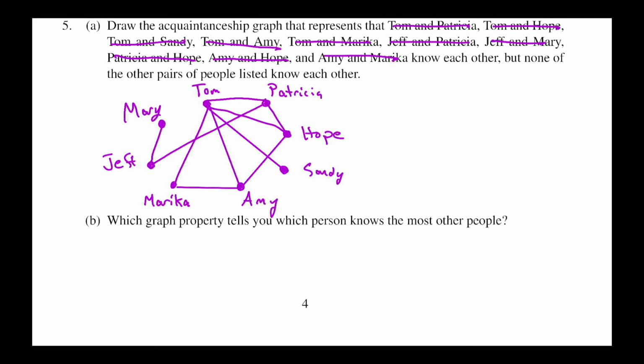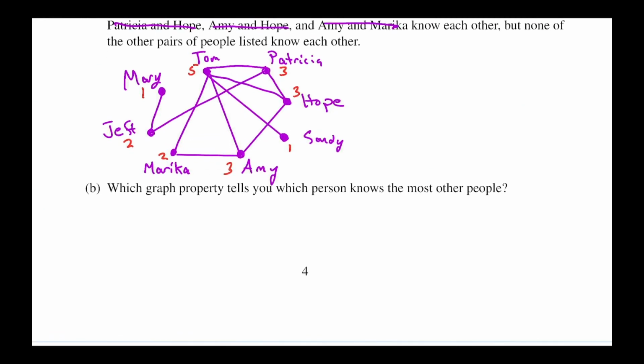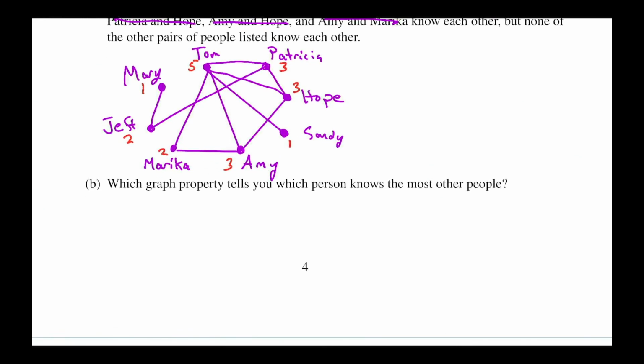If you just add up the edges here, Mary has degree 1, Jeff has degree 2, and so on, up to degree 5. So which property tells you which person knows the most people? It is the degree of each vertex.